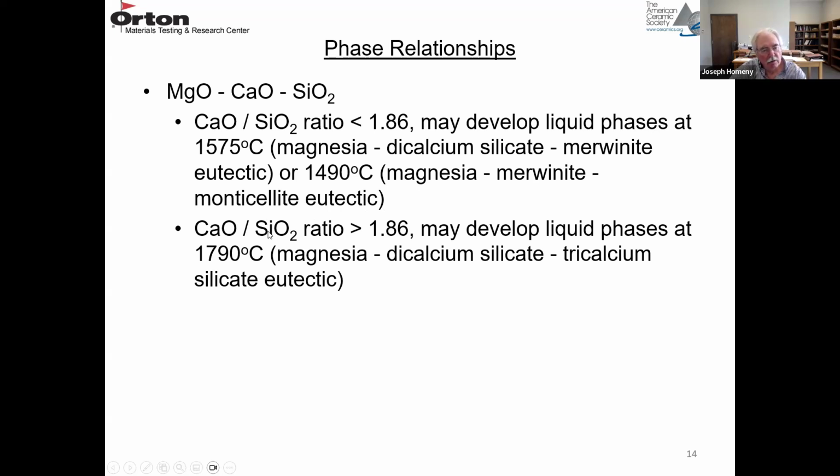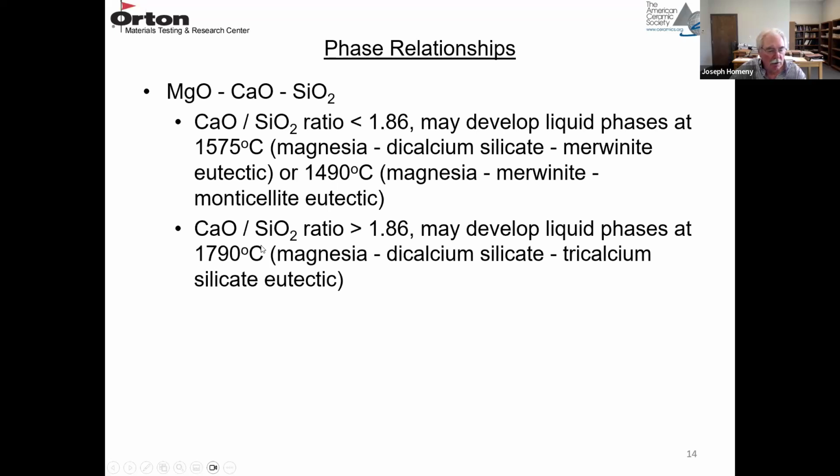But if the lime to silica ratio is greater than 1.86, the lowest liquid phase you're probably going to develop is at 1790 degrees C. This is the magnesia, dicalcium silicate, tricalcium silicate eutectic.